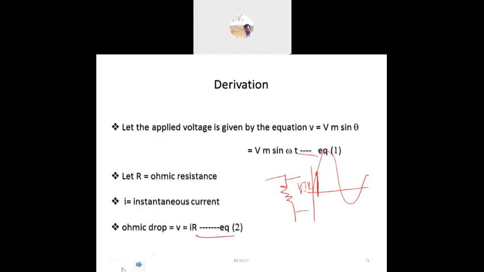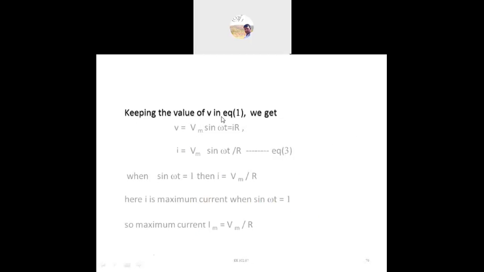Here we are substituting the equation 1 value. So we get V is equal to Vm sin omega t, and that is equal to V is equal to IR.